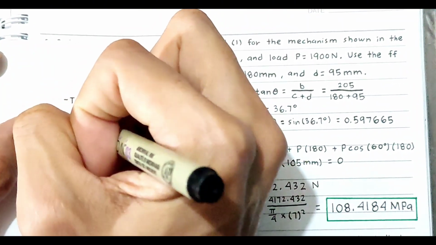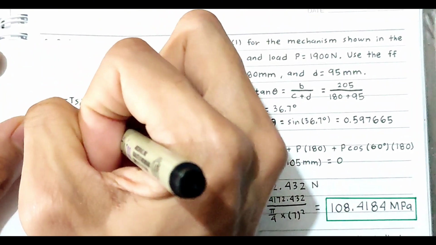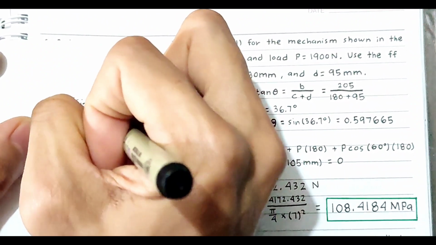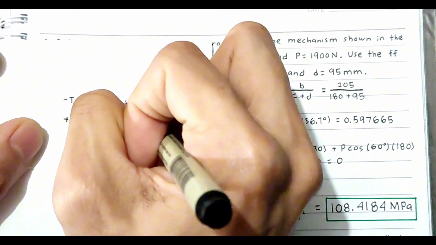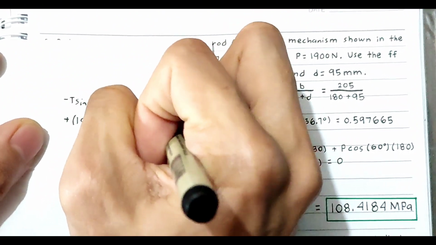So that is plus 1900 newtons cosine of 60 degrees times 180.